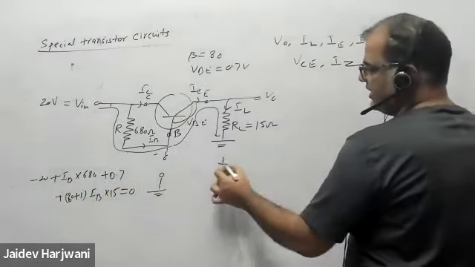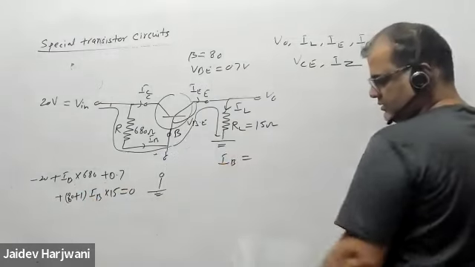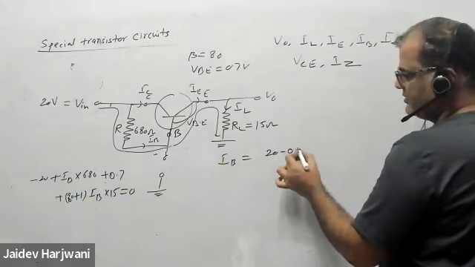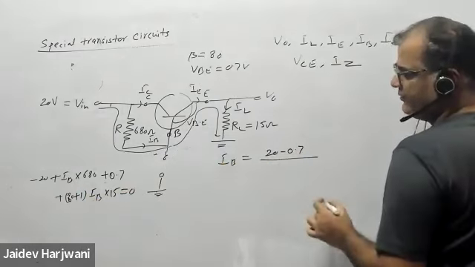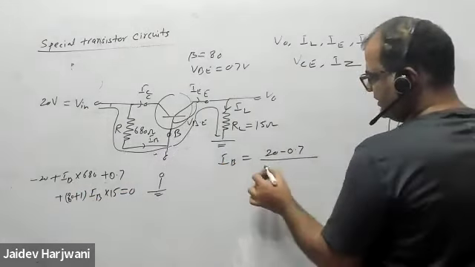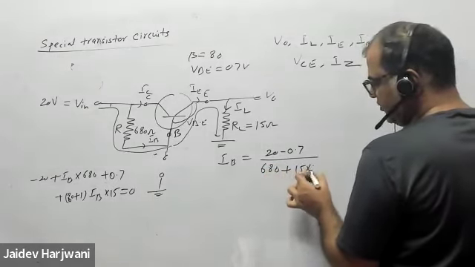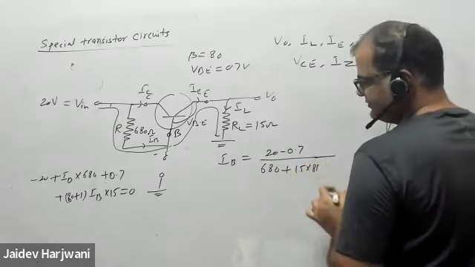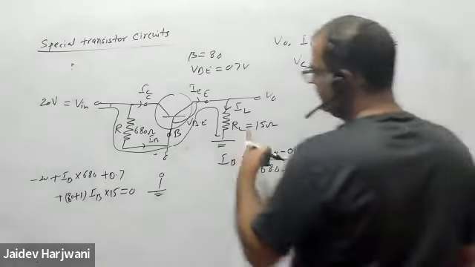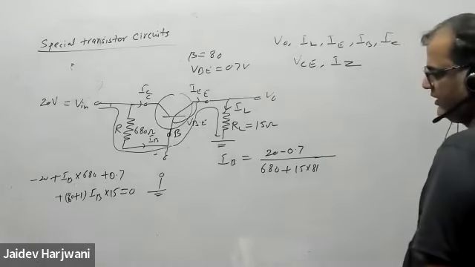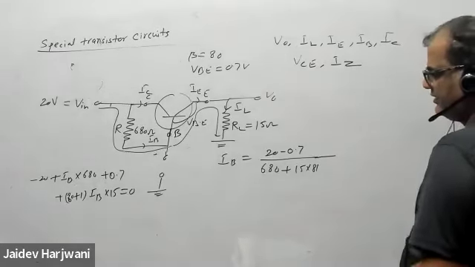Now tell me what is IB. So IB will become 20 minus 0.7, 680 plus 15 into 81. RE, IB, RE, RL also. 15 ohm, 15 into 81.